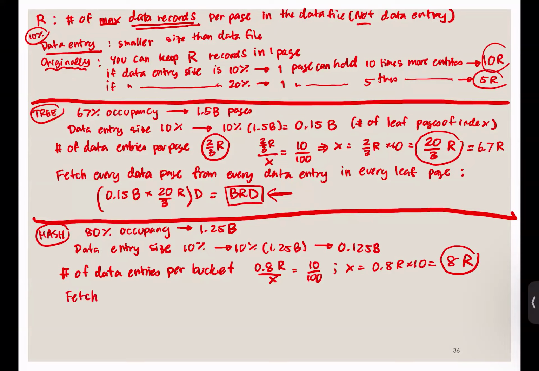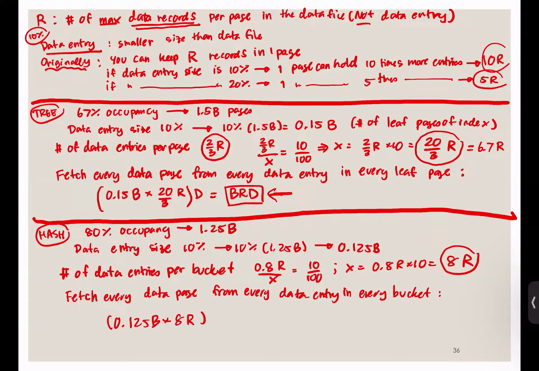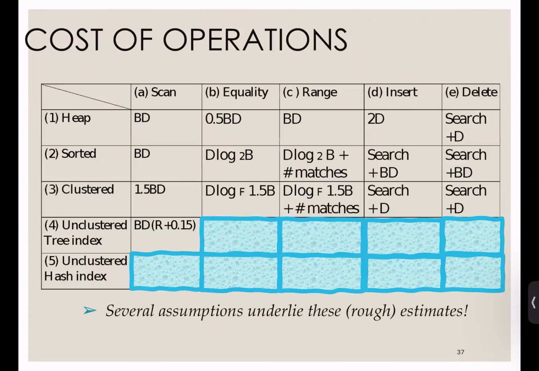And here, if you have to fetch every data page from every data entry in every bucket, that would take 0.125 B times 8R times D. And that's also BRD. You see that it's very expensive there.